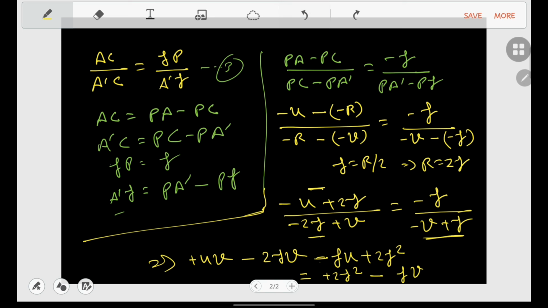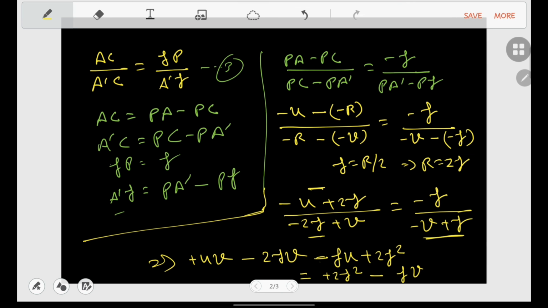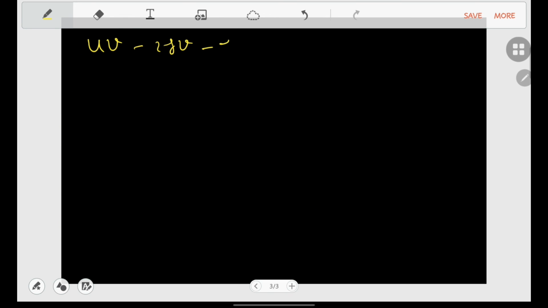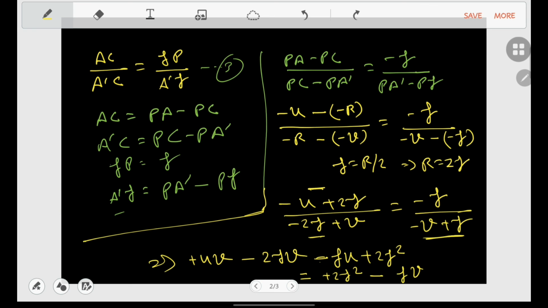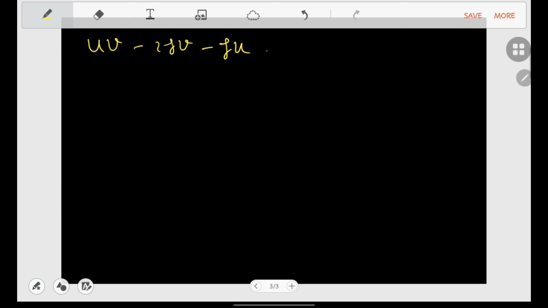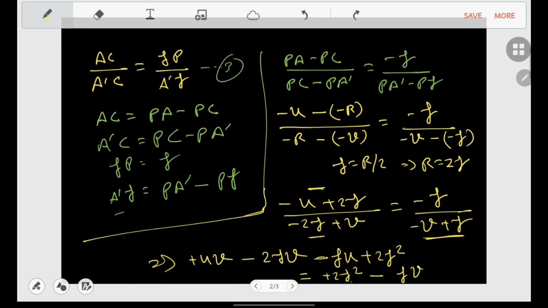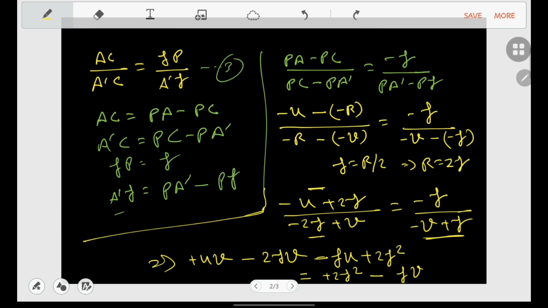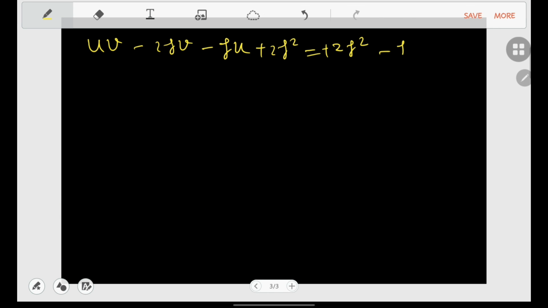We can write the same thing on the next page and solve it further. It is UV, then we have minus 2FV, then minus FU, then plus 2F square, equal to plus 2F square, minus FV.